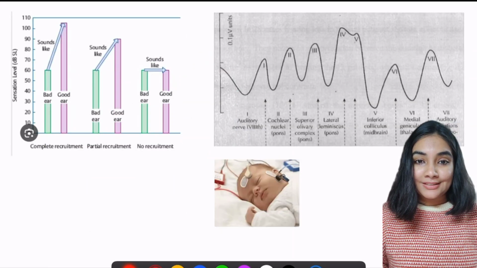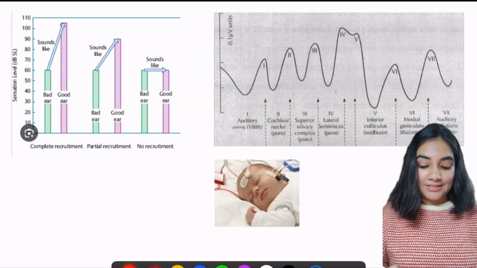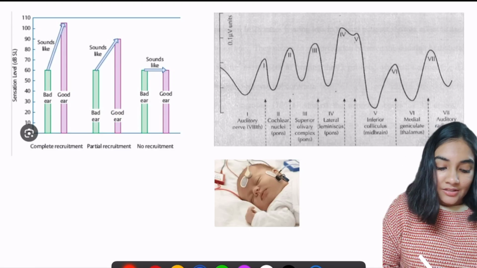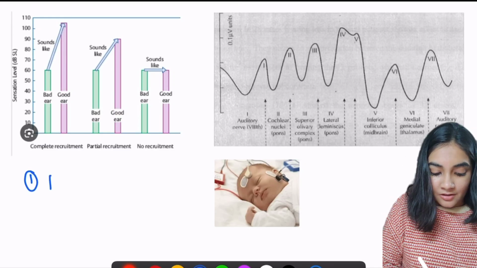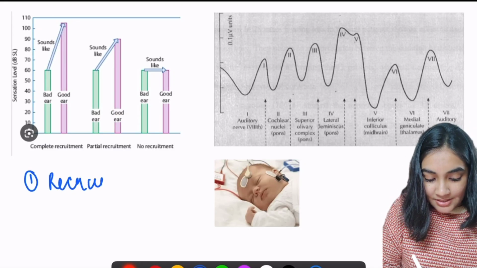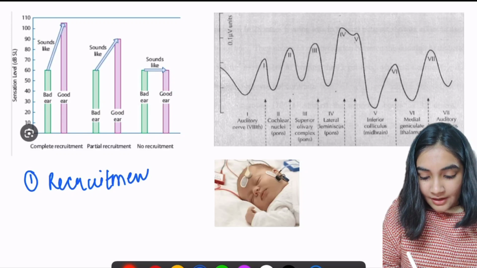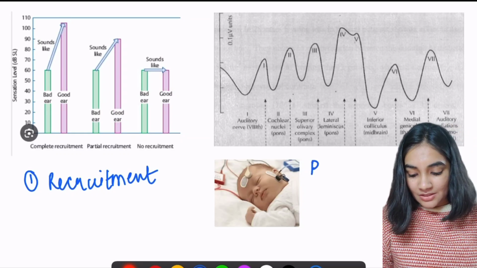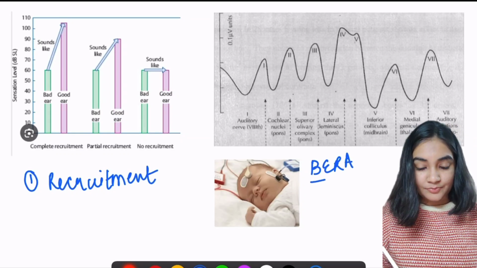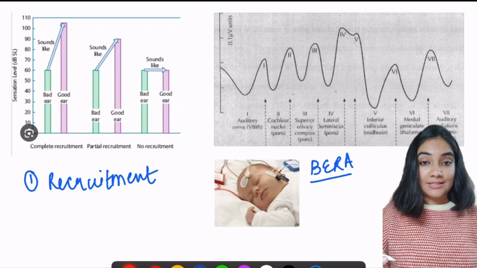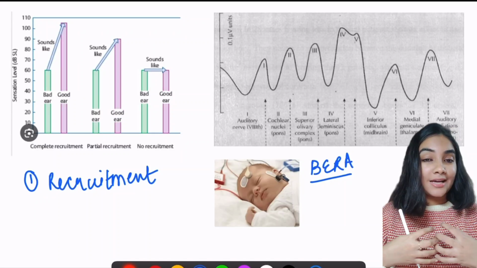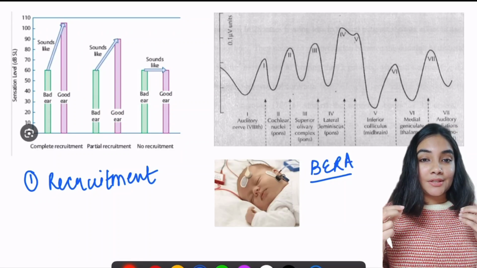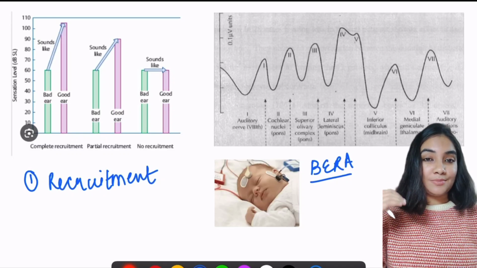The confirmatory for sensory neural deafness are two tests. The first being a recruitment test, and this being the world famous BERA. Recruitment test means that more and more hair cells are recruited to hear a sound as your decibels increase.